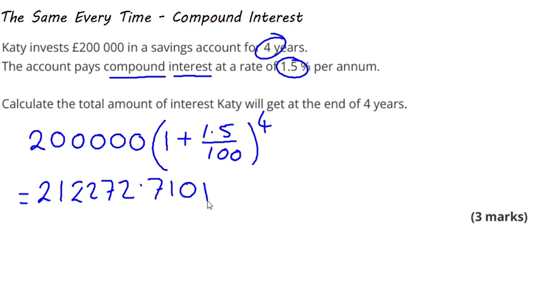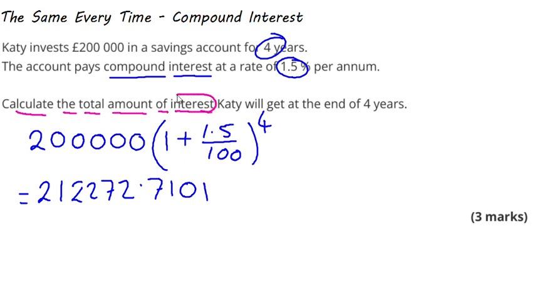Now, as I've said in the previous videos, with this kind of question, always when you think you've finished, go back to the question and read it again just to check that you are writing down exactly the information that they want. The end part of this question asks us for this: calculate the total amount of interest.